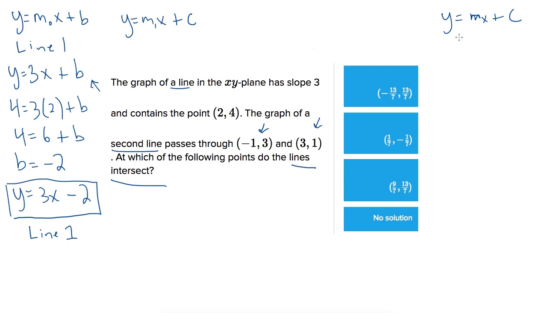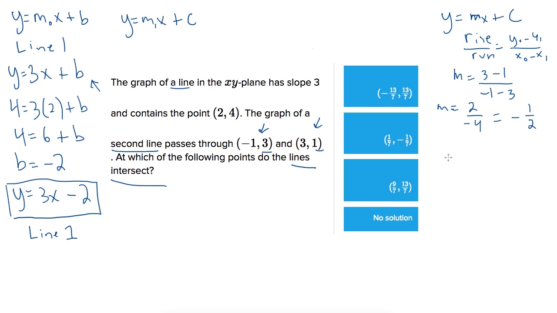Now remember that slope is just rise over run, so you can subtract the y values, y0 minus y1 over x0 minus x1, to get the slope of a line. So we can take the y values, 3 and 1, and say m equals 3 minus 1 over the x values, -1 minus 3, which is equal to 2 over -4, which equals -1/2.